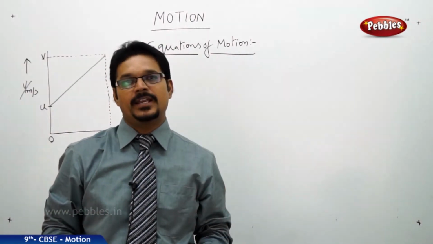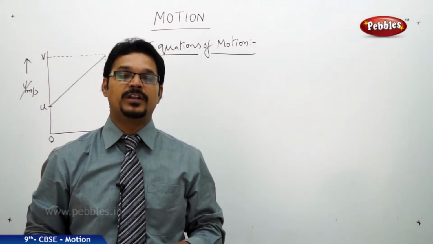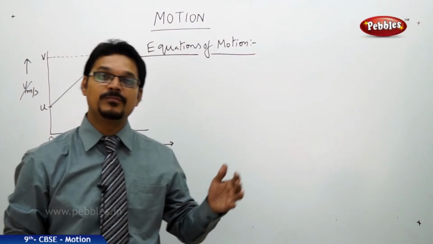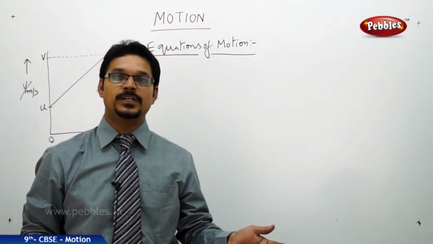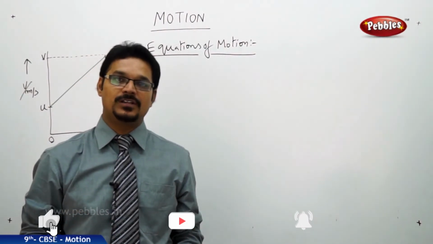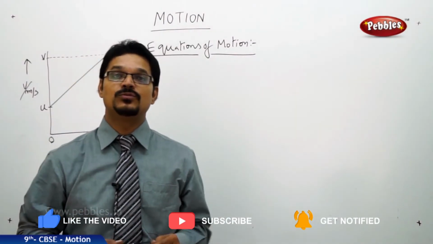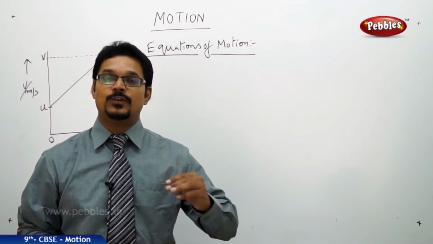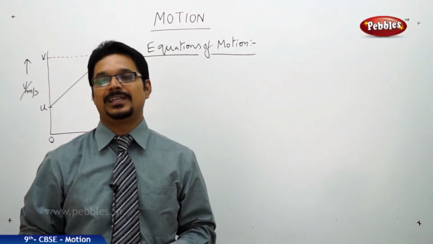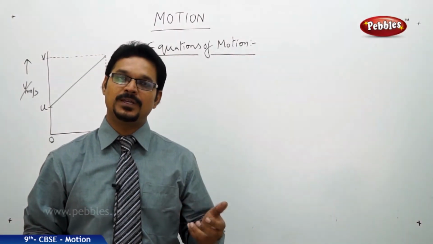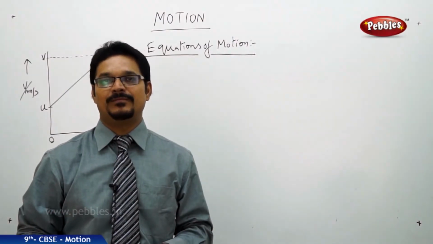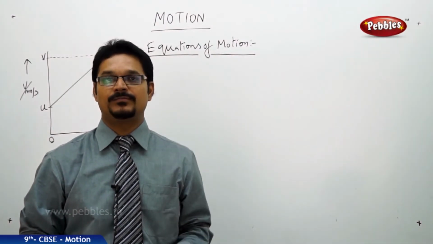After understanding different physical quantities, starting from distance, displacement, speed, velocity, acceleration, average speed, average velocity, now it is time to solve advanced level numericals. Like, you know speed and distance traveled, but you want to find the time taken.